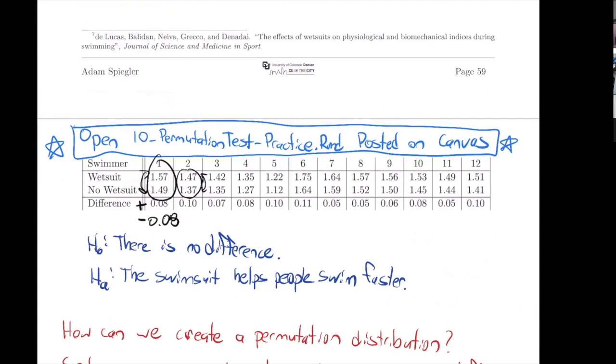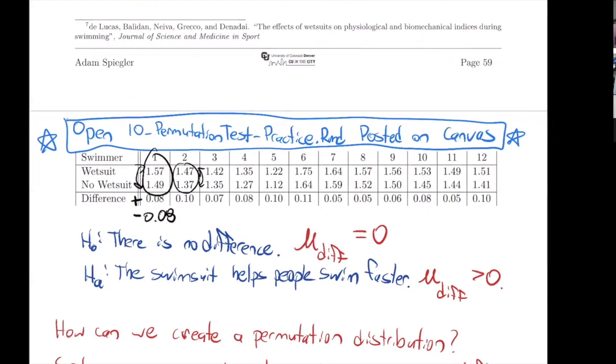So when we state these hypotheses, we state them in terms of population parameters. And the parameter that we're going to use here is called mu with a subscript of difference. So the null hypothesis is going to be that this difference is 0.